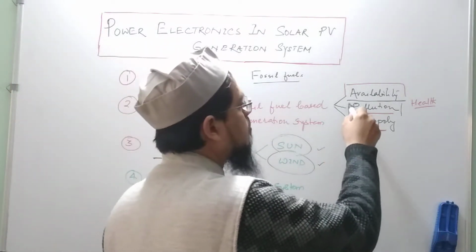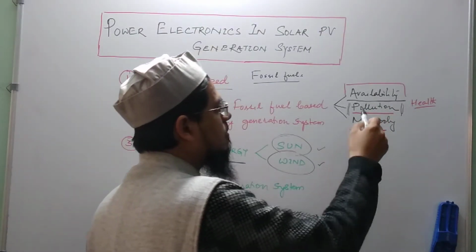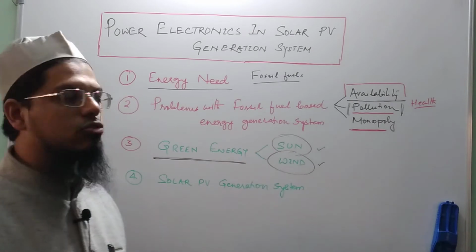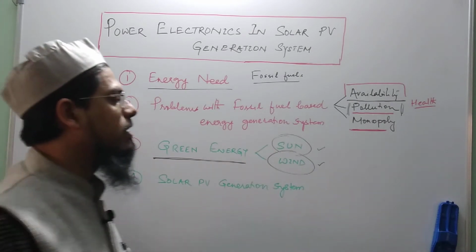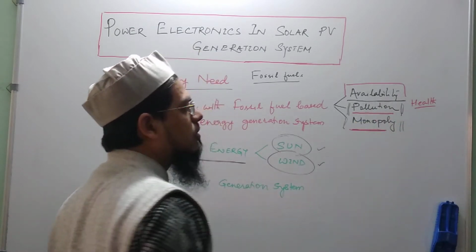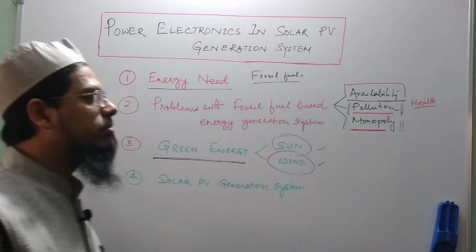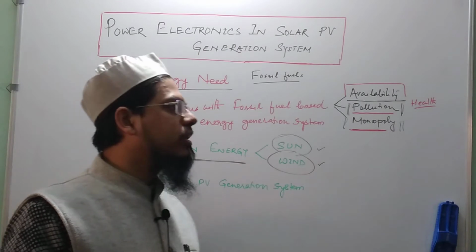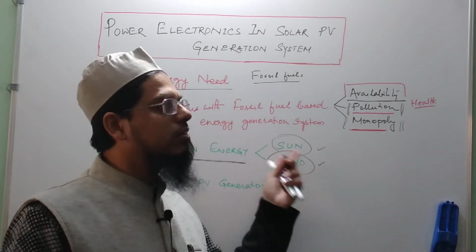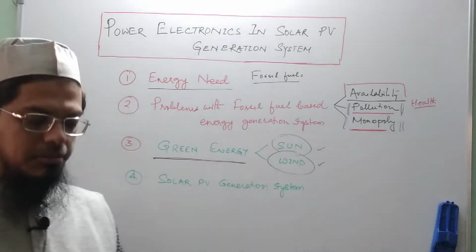The second one is pollution, and this problem is again not there when we are utilizing these resources for meeting the energy demand. The third problem of monopoly is also not there, because most of the time throughout the year and in almost all the countries we would have these resources available.